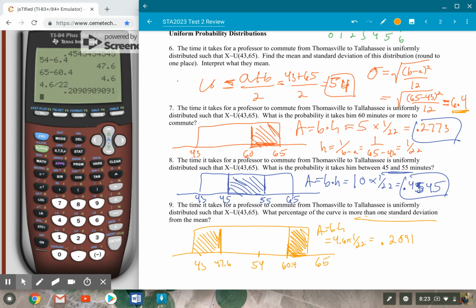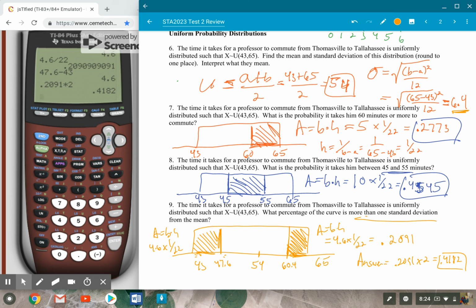And maybe you see this already, but on this lower side, if I subtract these two to see what this base is, 47.6 minus 43, this also has a base of 4.6 and a height of 1 over 22. So I'm going to get the exact same thing again. So my answer is just 0.2091 times 2. And I get 0.4182.